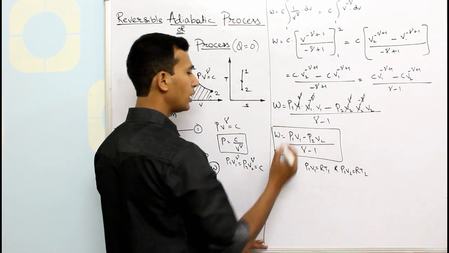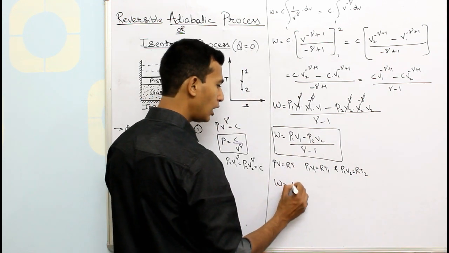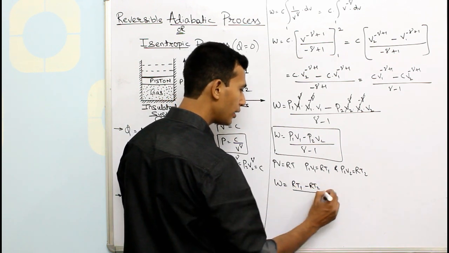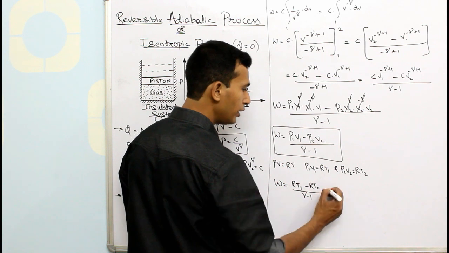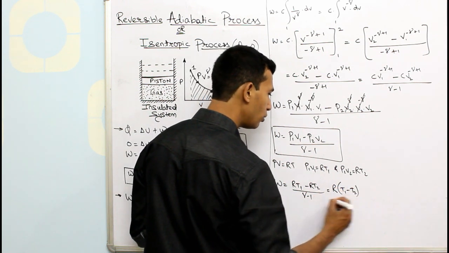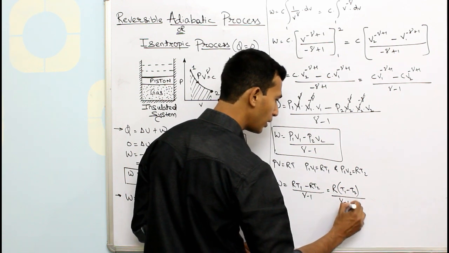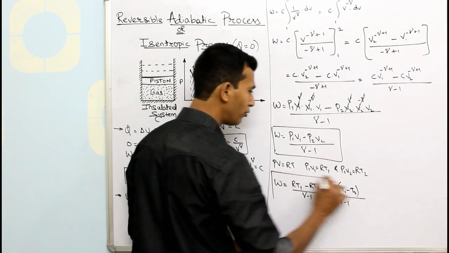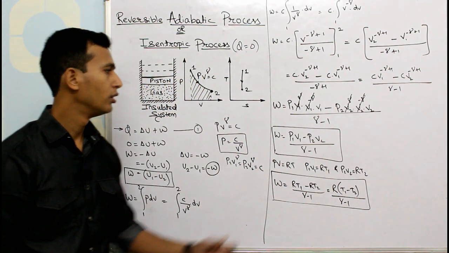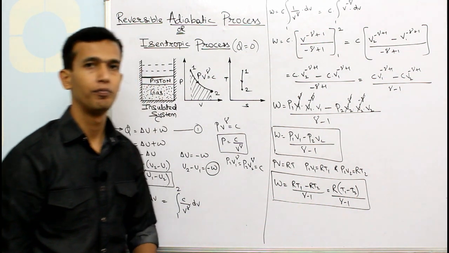Substituting these values here, W becomes R T1 minus R T2 divided by gamma minus 1, taking out R common, R (T1 minus T2) divided by gamma minus 1. So this is another formula for W. So this is the first formula and this is the second formula.